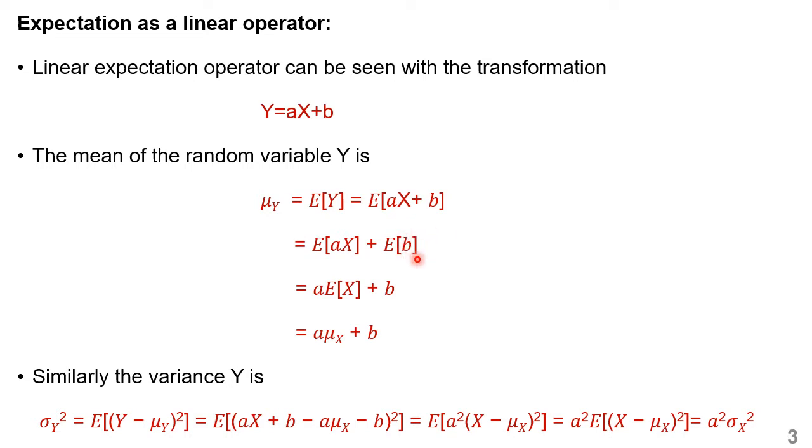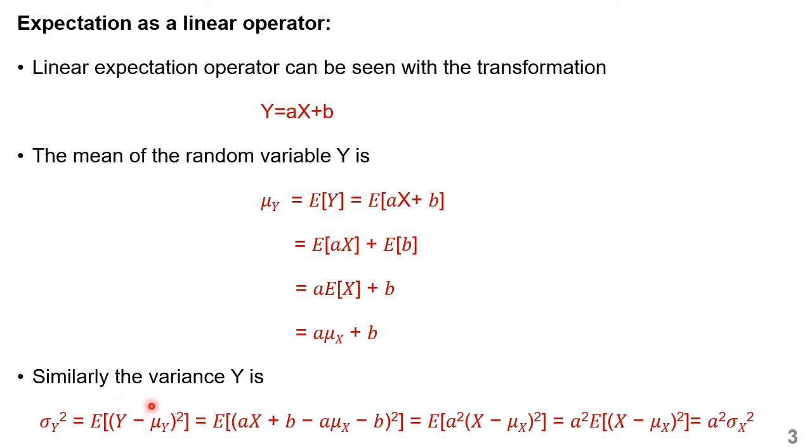Since b is a constant, expectation of b is also a constant b. So here a is a constant, it is taken out. So it is a into expectation of x. Expectation of x, we have called it as mean, that is mu x. So this is equal to a into mu x plus b.